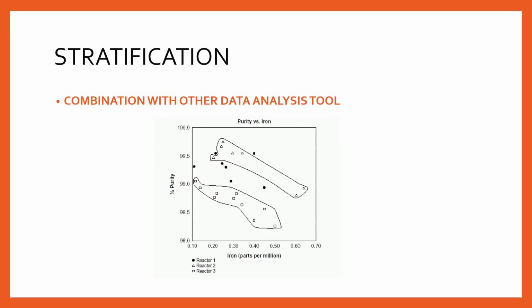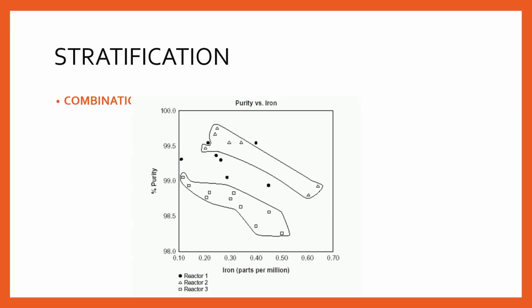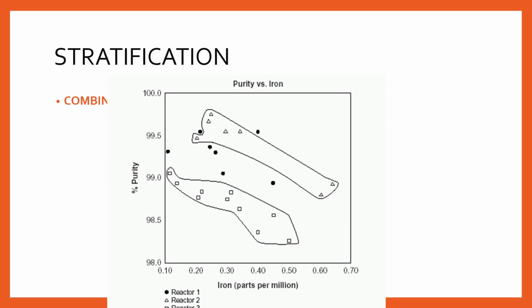A combination of different things is happening. There are 3 reactors producing certain iron. ppm is the unit of that production, and purity level is also there. Different reactors are producing iron ore, and in this stratification we try to understand purity versus iron.